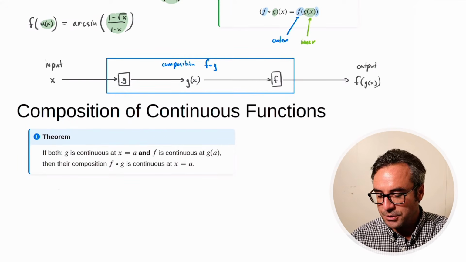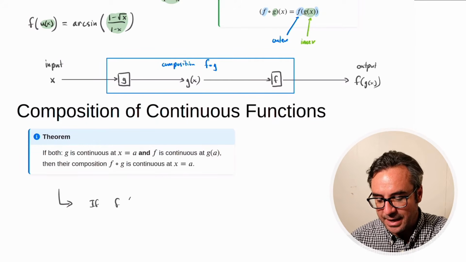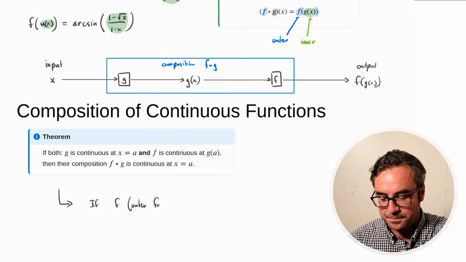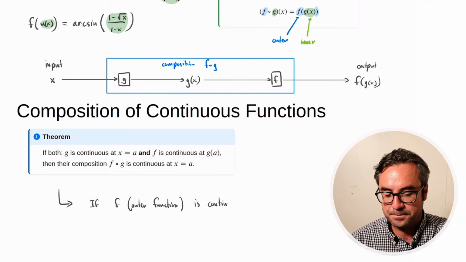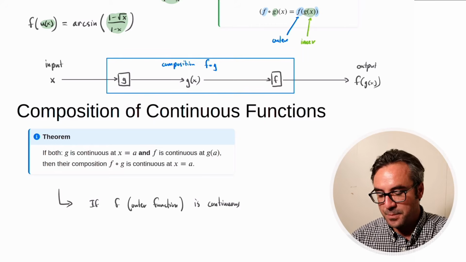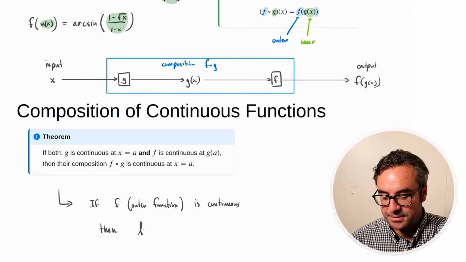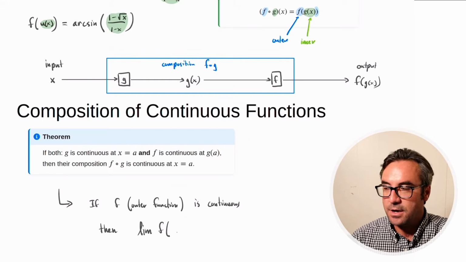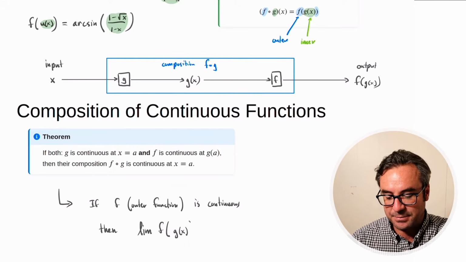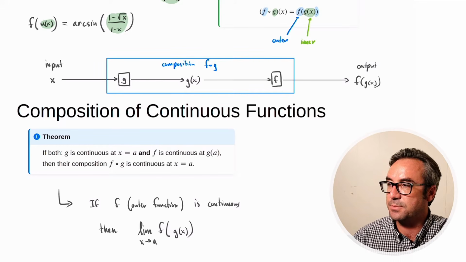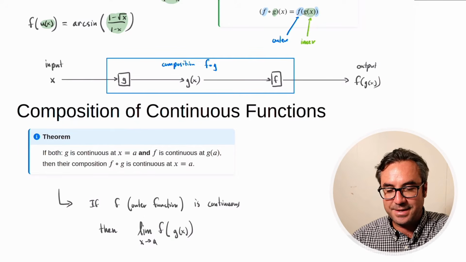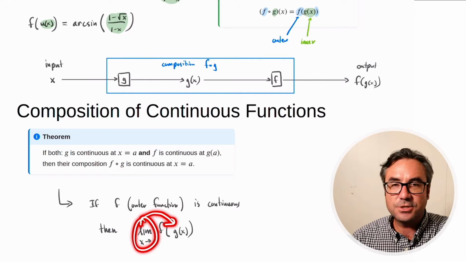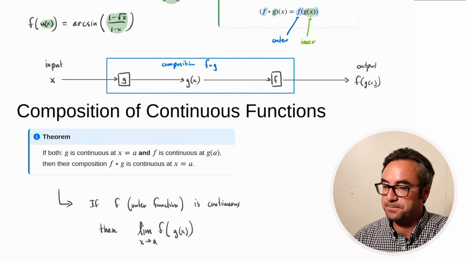And probably our most useful result from this is that if the outer function f is continuous, then if we're trying to calculate the limit of f of some inner function, some composite function like this, as x approaches a, we can essentially take that whole limit and move it through the continuous function.